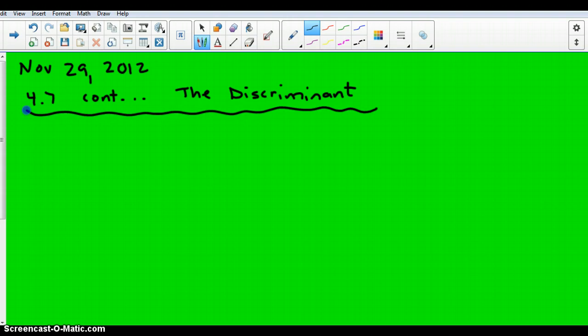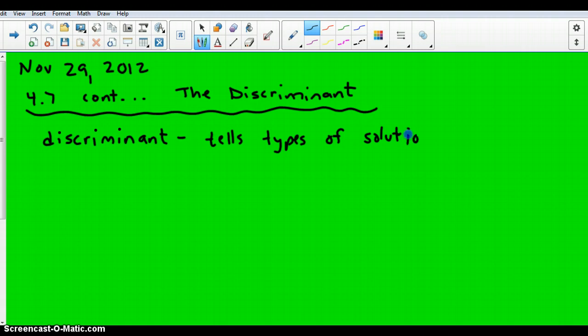Okay, what the discriminant does is it tells what types of solutions you are going to have. In other words, it will tell us whether we have 2 real and 0 imaginary, which imaginary is not something that you have talked about yet.